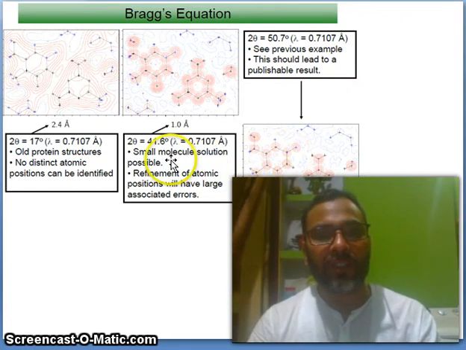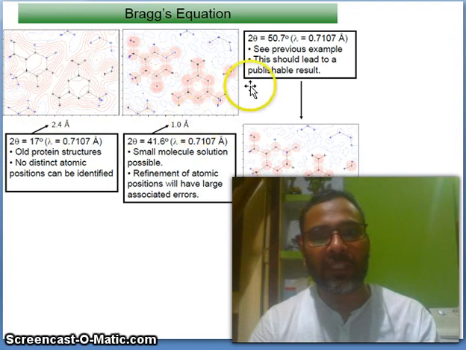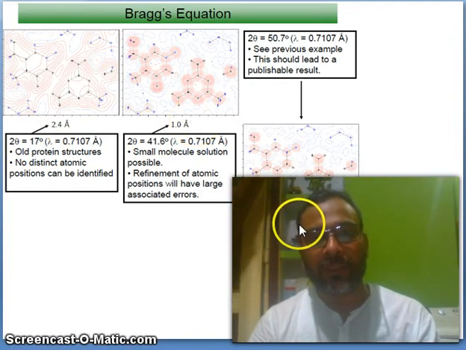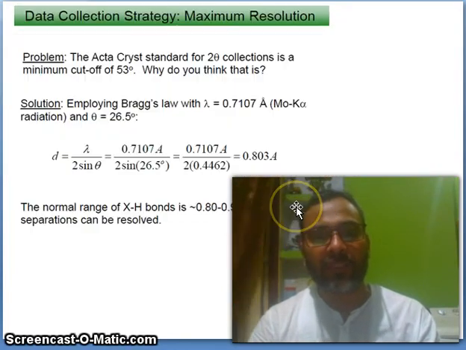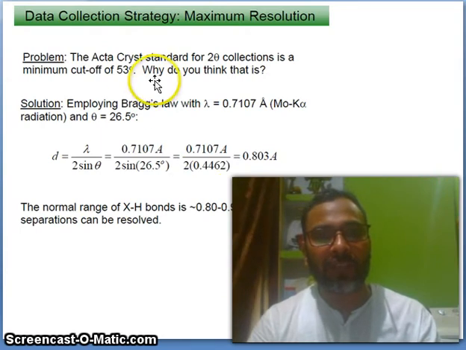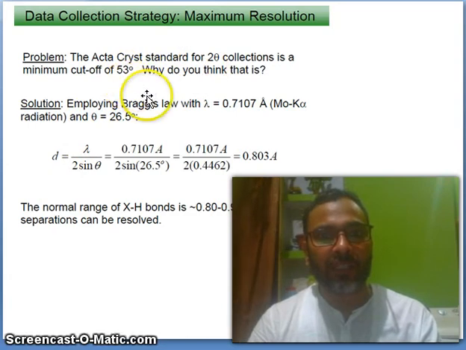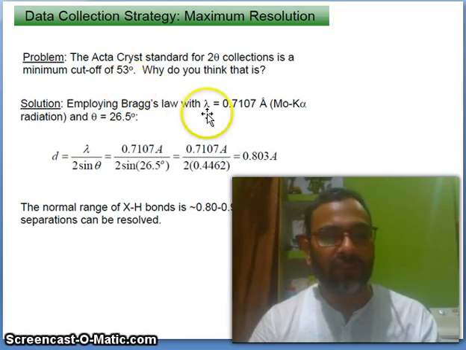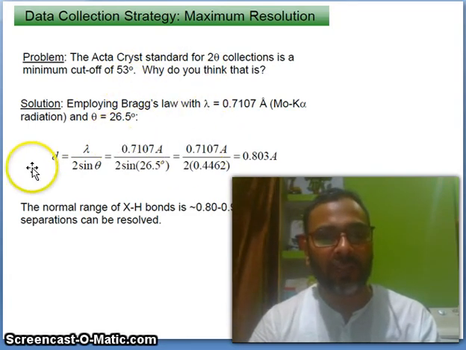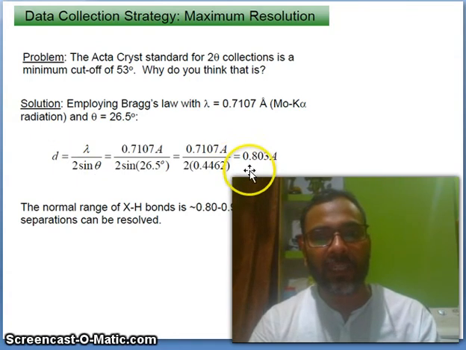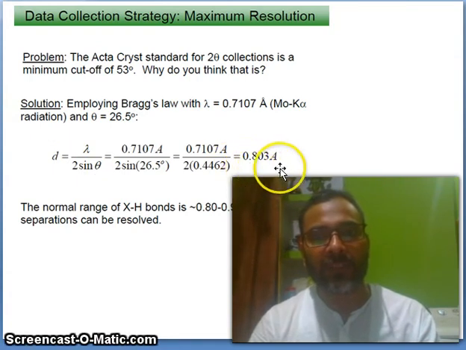So if you increase 2 theta, then you will get this 0.83 angstrom. I already told you why we are taking this. So if you have the lambda values and the theta values, you can calculate d, and d is equal to 0.803 angstrom.